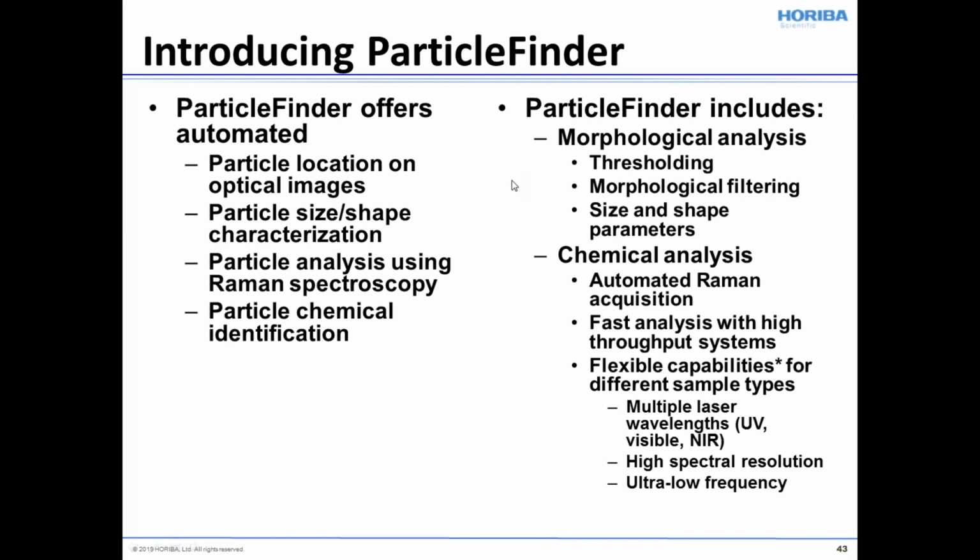What Raman spectroscopy does is then to add to the characterization that you do through the imaging, to provide chemical analysis so that you have chemical specific particle size distribution metrics when completed.